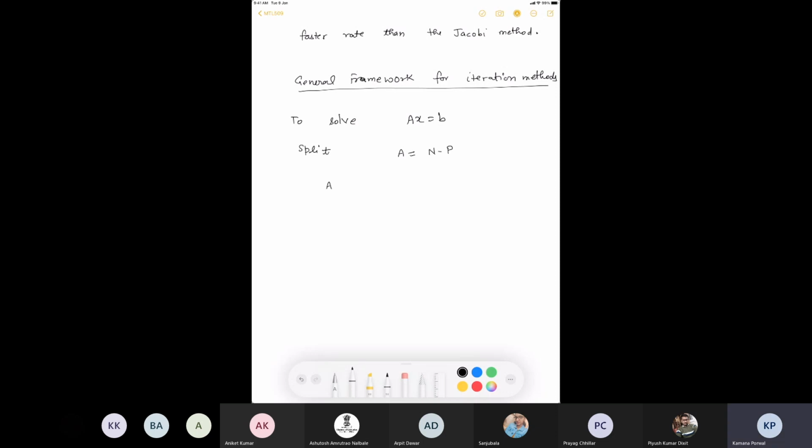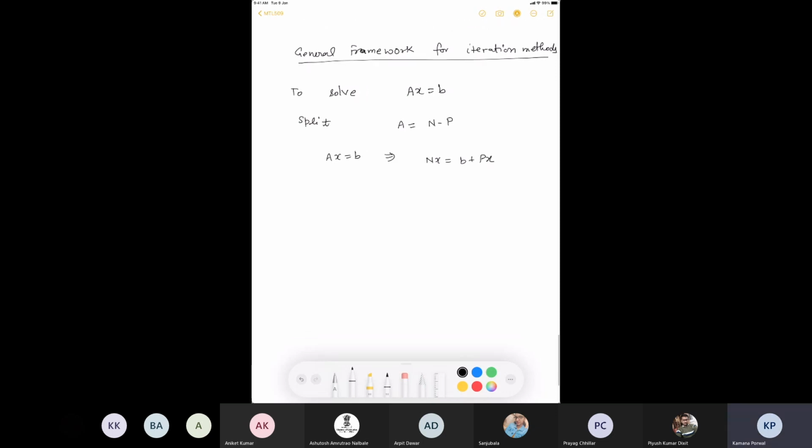So suppose I could find N and P such that N minus P is A. Ultimately we are interested in solving Nx is equal to b plus Px, which gives the equivalent system. This gives the idea of how I should choose my N.